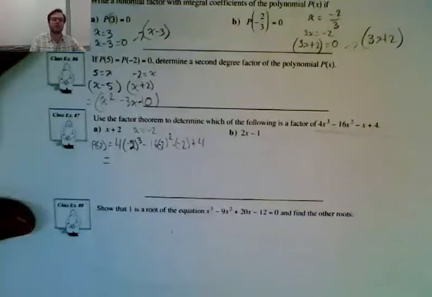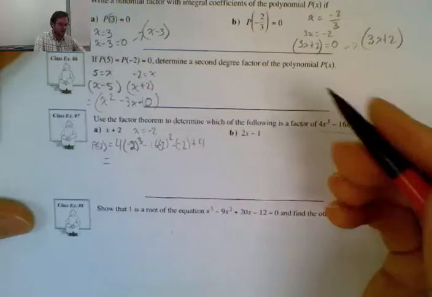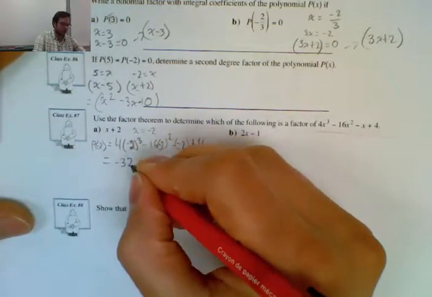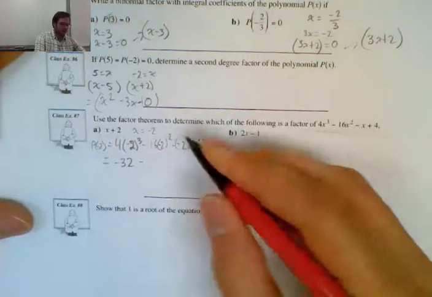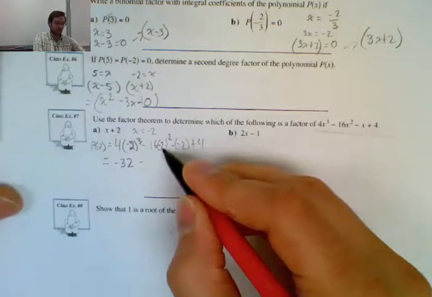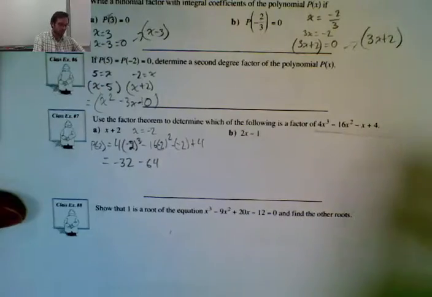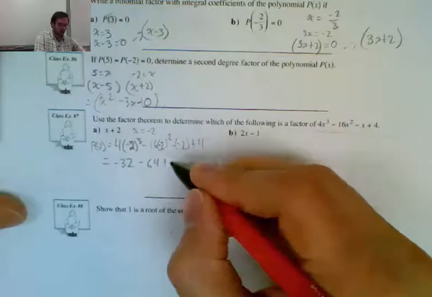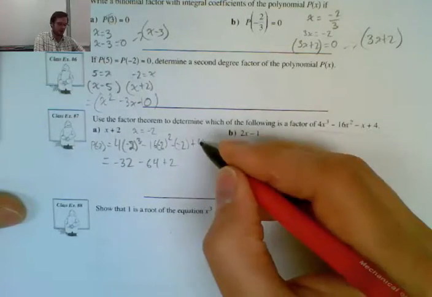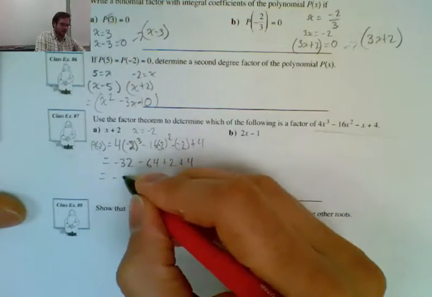Now when we simplify this, -2 to the power of 3 is -8, times 4 is -32. Now we have -16 times 4, because -2 squared is 4, which gives me -64. Then we have plus 2, because -2 times negative is positive 2, and we have plus 4. This ends up equaling -90.